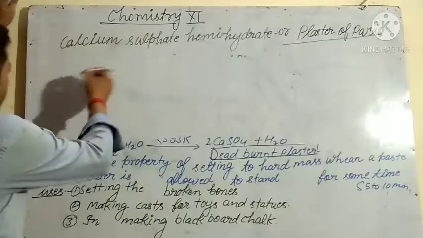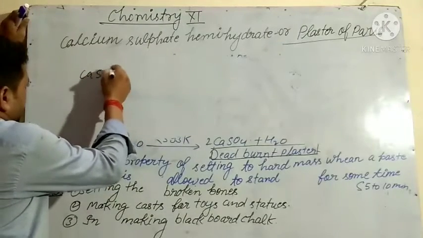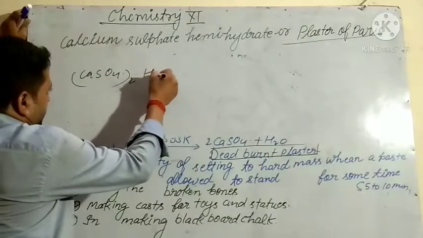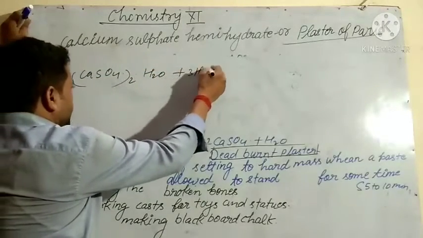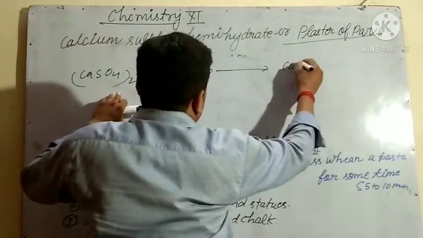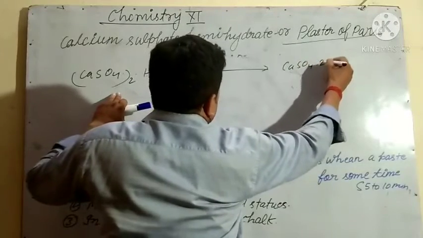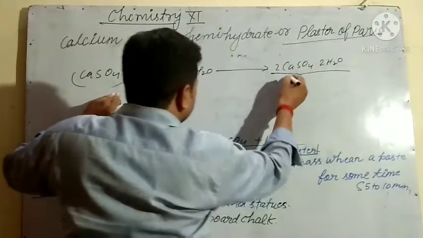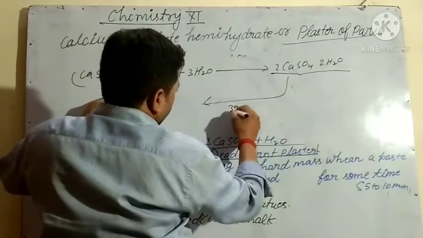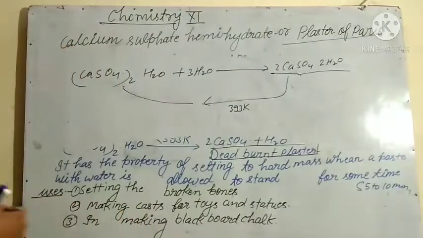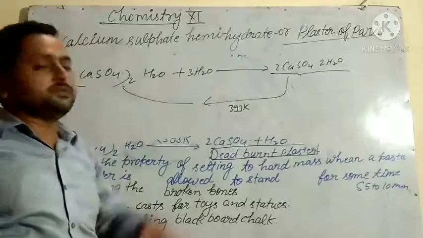Here plaster of Paris, (CaSO4) whole twice into H2O. When 3 molecules of water are added, it changes into gypsum. And when it is again heated at 393 Kelvin, it gives plaster of Paris. So when gypsum is heated, that gives plaster of Paris. When plaster of Paris is hydrated, that gives gypsum.